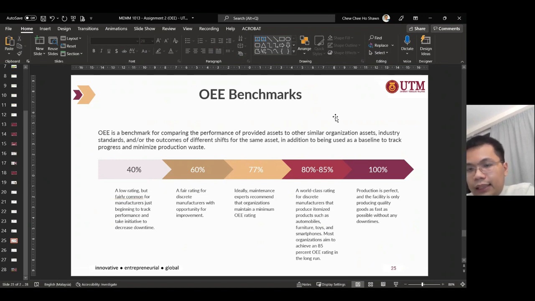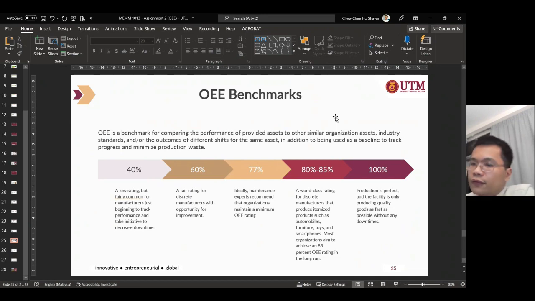So it's not easy to maintain that. And it's actually required in production like automobile, furniture, toys, and smartphones. They aim for at least 85% in order to achieve their commercial target, meet the demand, and also reduce the cost in the long run.